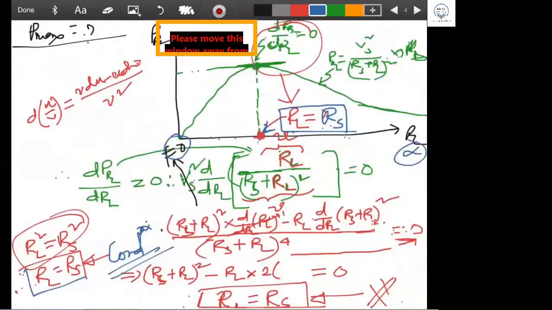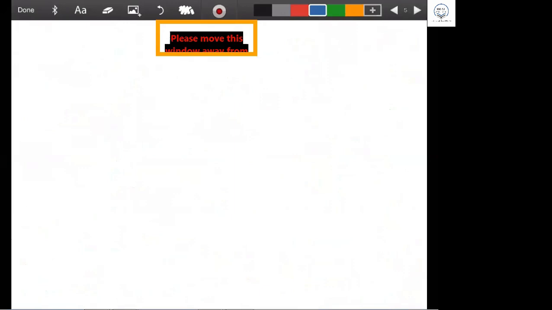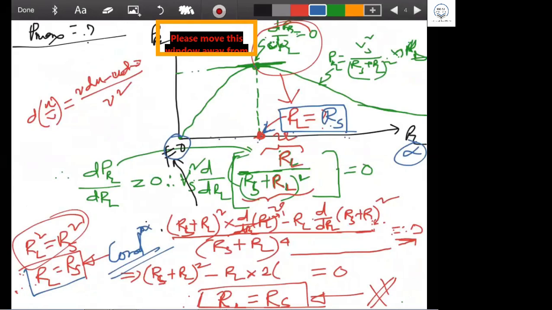So this is the meaning of this thing. This is a condition we already found, that RL equal to RS. Now, if RL equal to RS, we get the maximum power transfer from the source to the load. But what is that maximum power? What is the amount of that maximum power?